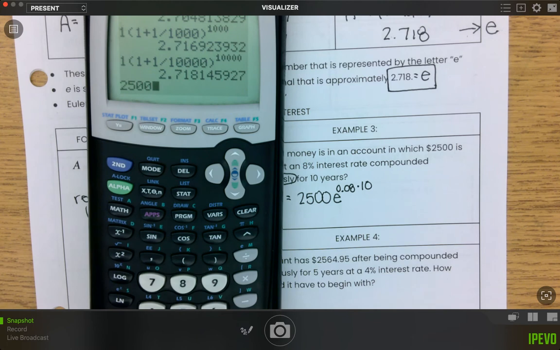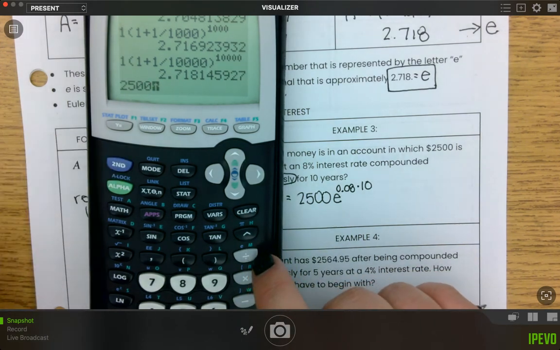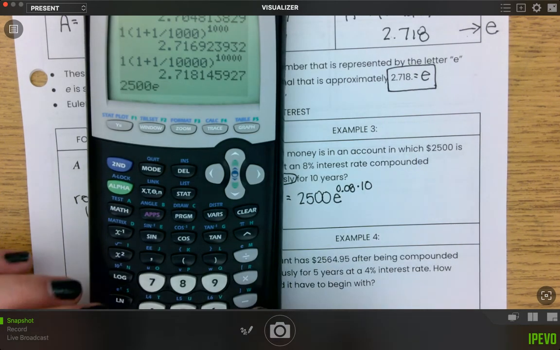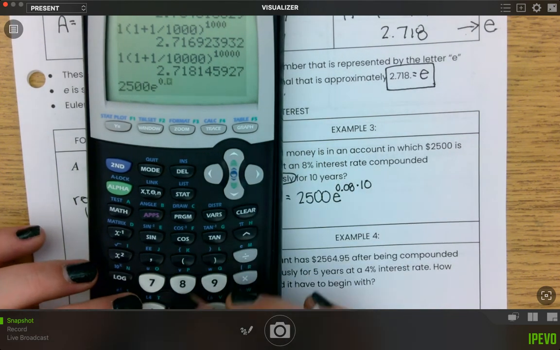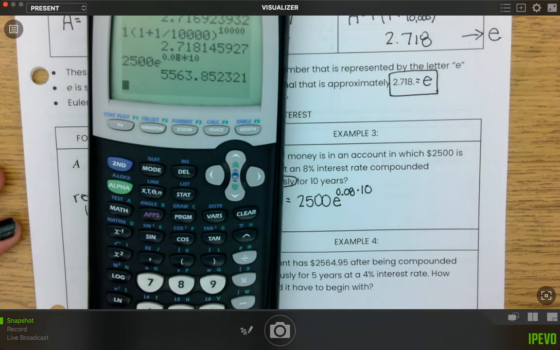And all calculators have a button for e somewhere. It's right here on mine, so I have to hit second e. I want you to try and find the button that means e, because it's going to change your number slightly.